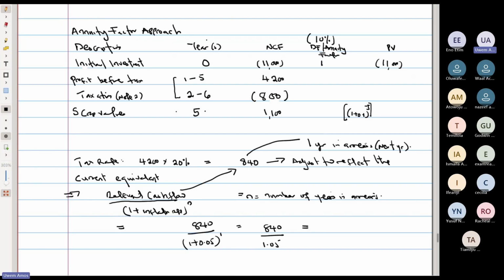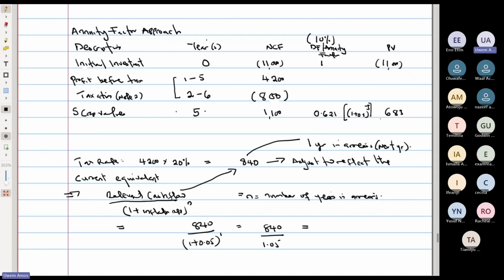So 1.1 raised to the power of minus 5 is 0.621. Those are just for single years, so those ones are pretty straightforward because we've already discussed the formula for that. So that is 683.